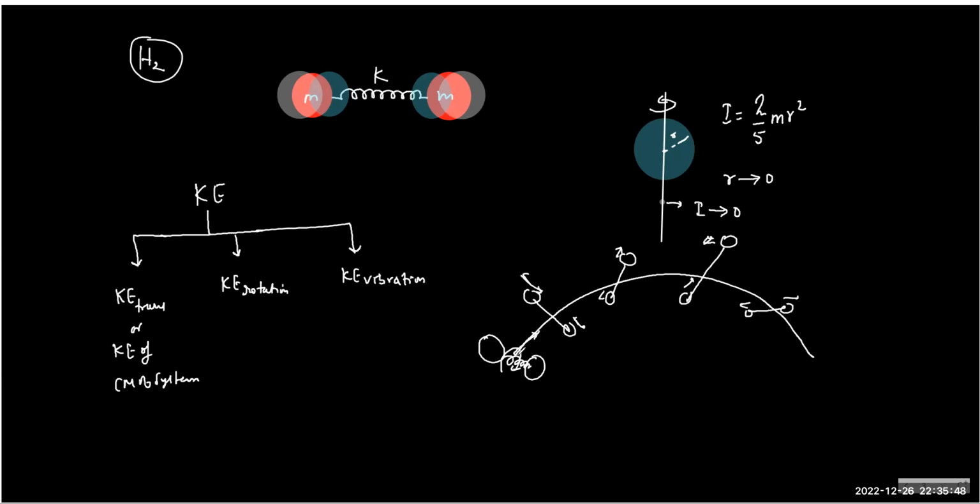It is a really complex motion. The system as a whole is performing all three types of motion: translation, rotation, and vibration. So the energy it carries will be in three forms. The total kinetic energy of such a system, in which we have rotation and vibration also, you have to add all the energy forms. Understood?